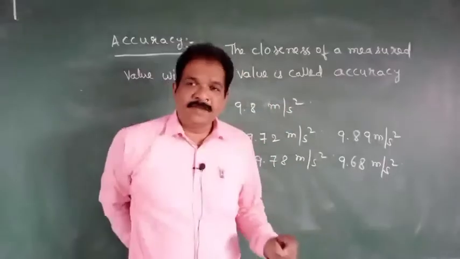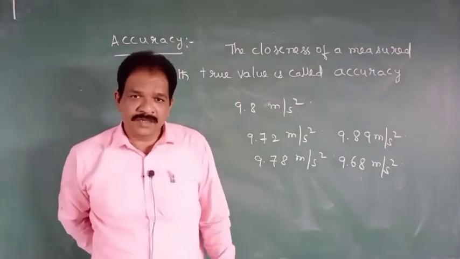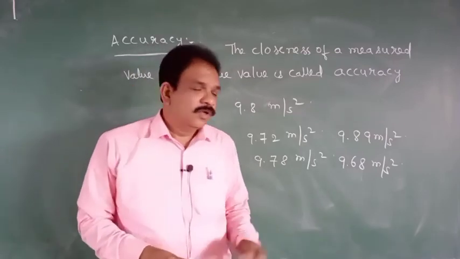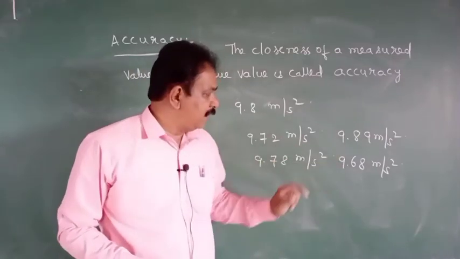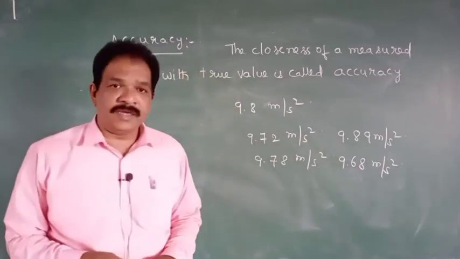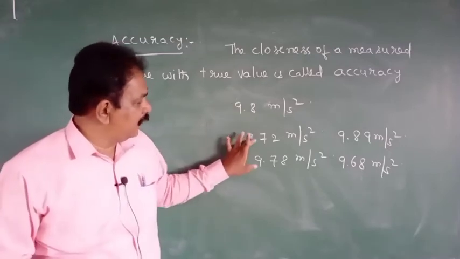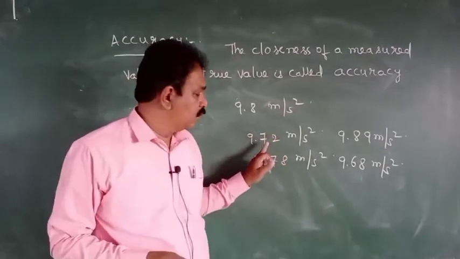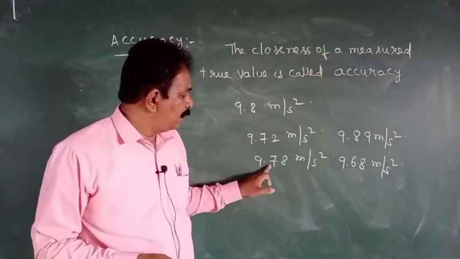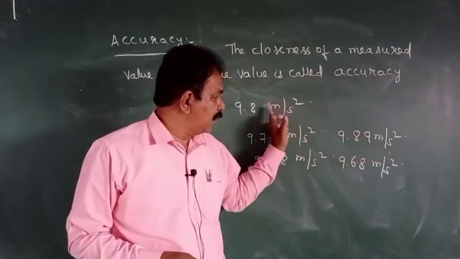So I want to find the acceleration due to gravity at a place. I used a simple pendulum. Four times I measured, and four different values came. Here what is the error? 9.8 minus 9.72, 0.08. Here 0.02. Here 0.09.